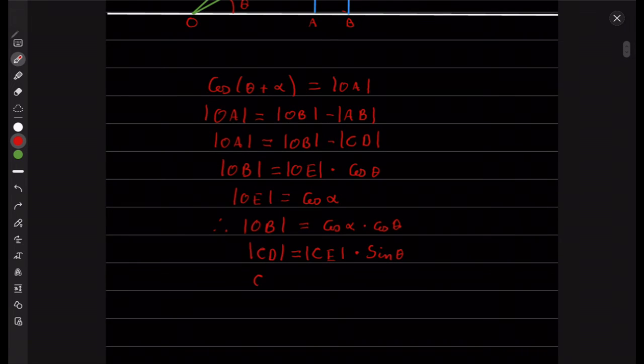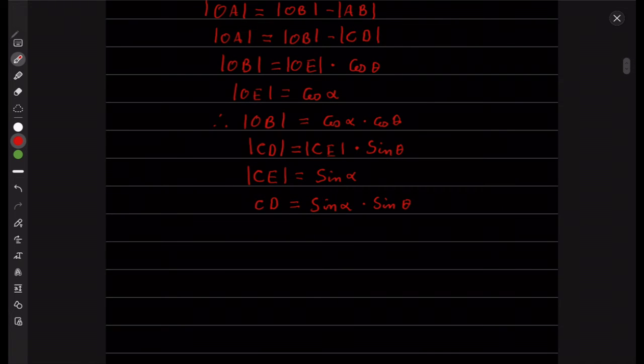So CE is sine alpha. We can put this back into the equation and we get CD is equal to sine alpha times sine theta.